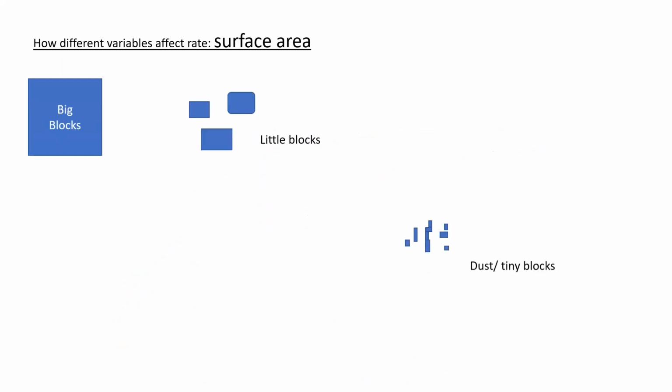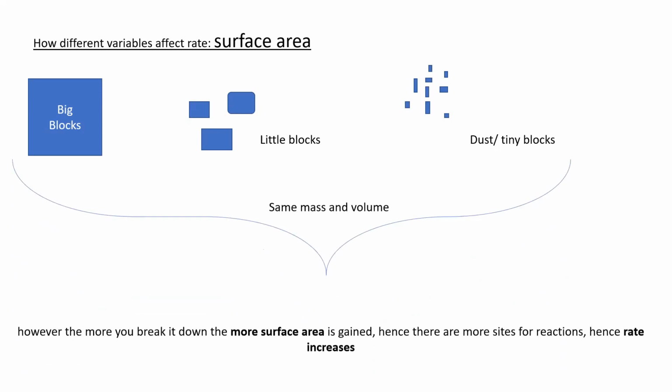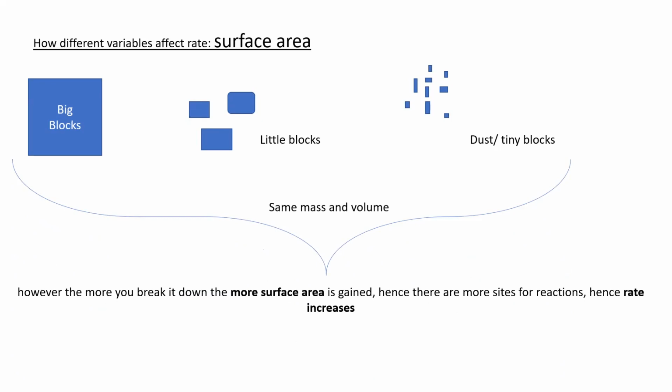So if we now look at the surface area as a variable, if we take three different sizes of breaking down the same mass, these all have the same mass and volume, but have different surface areas because of how much we've broken them down.